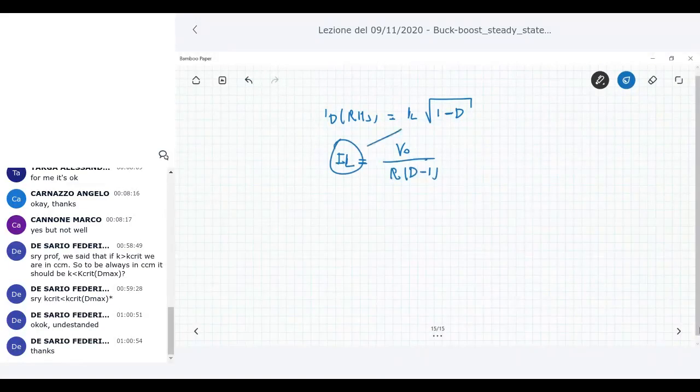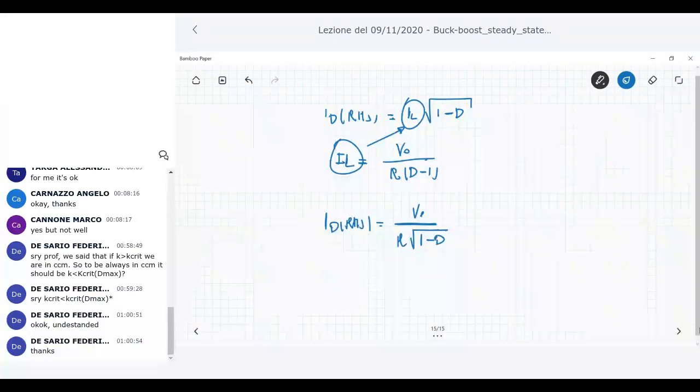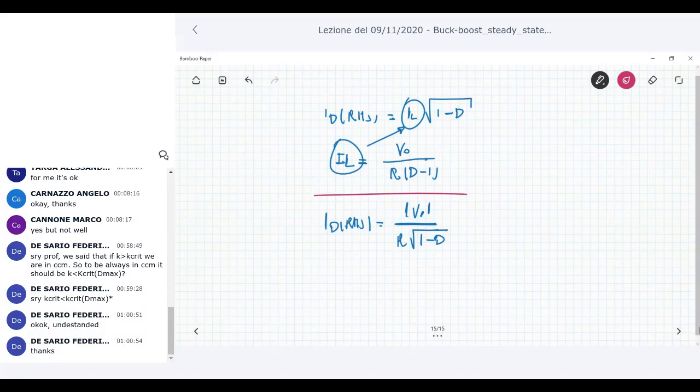So you can replace this value over here, and then you can have that ID root mean square current is V naught over R times the square root of 1 minus d. Okay, V naught is negative, 1 minus d is positive, so you can get V naught absolute value in order to get a positive value.